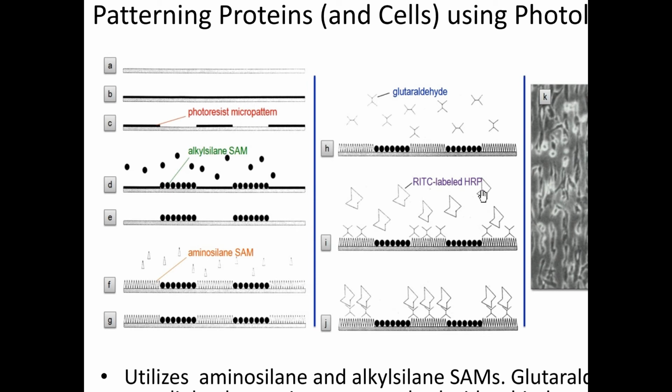And then you put the protein that you're interested in. Remember, proteins also have amine groups on them, so they will attach to glutaraldehyde. One end of the glutaraldehyde is attached to the aminosilane self-assembled monolayer. The other end attaches the protein, which in this case is horseradish peroxidase. It's an enzyme.